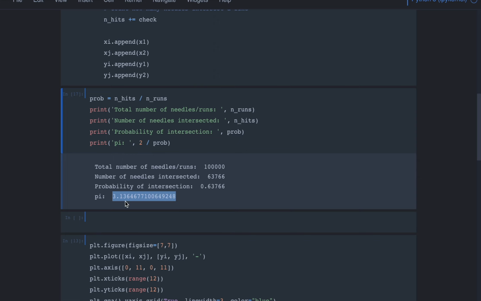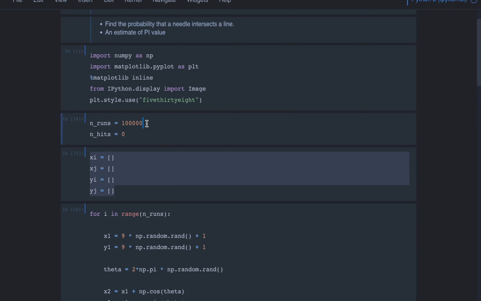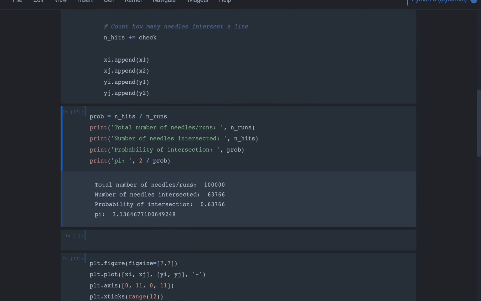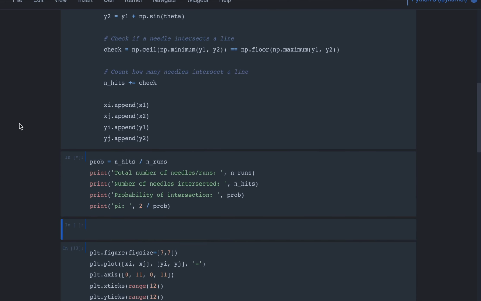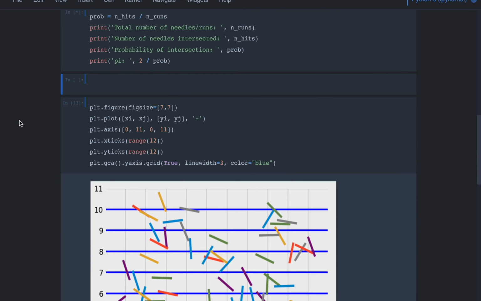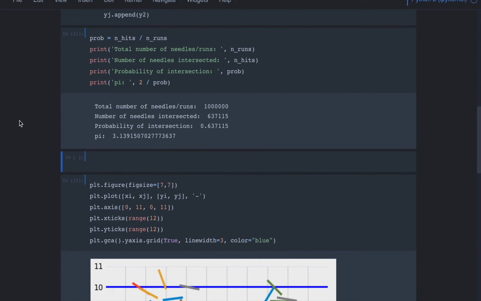So it's 3.14, right? The actual pi value. Now let's increase one more digit. This simulation might take a bit long, but let's do this. All right, 3.149. So here we are getting very close, 3.14, to the actual pi value.